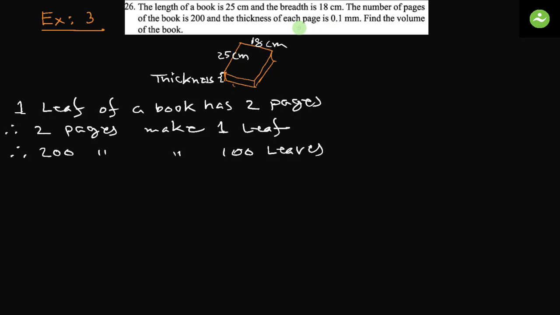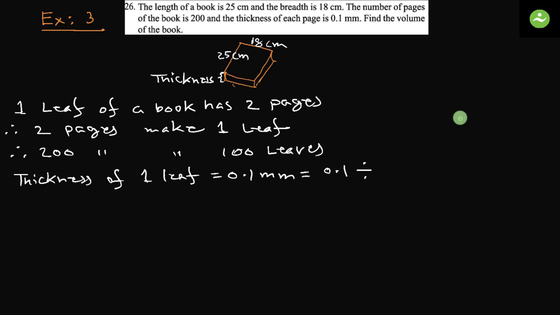Now thickness of each leaf, thickness of one leaf equals 0.1 millimeter. We know in the metric system, millimeter, then centimeter, then decimeter, then meter.